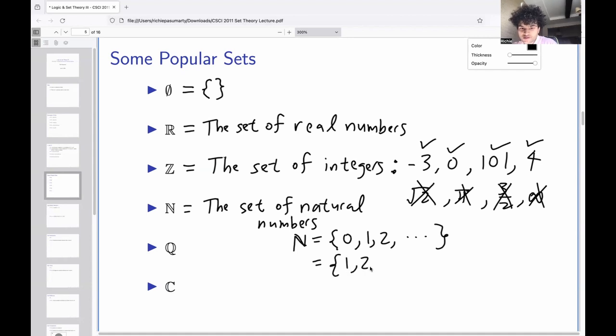So mathematicians do actually have some disagreements. I wouldn't say it's a really big disagreement, but it does depend on who you're talking to. If I ever talk about the set of natural numbers, I will specify whether or not to include 0 or to not include 0.